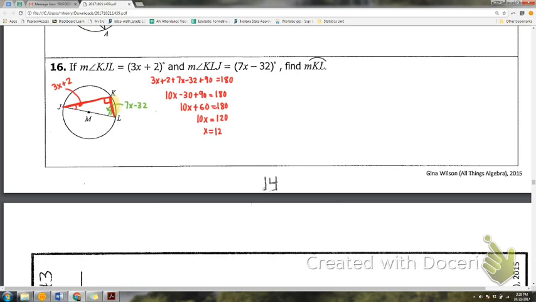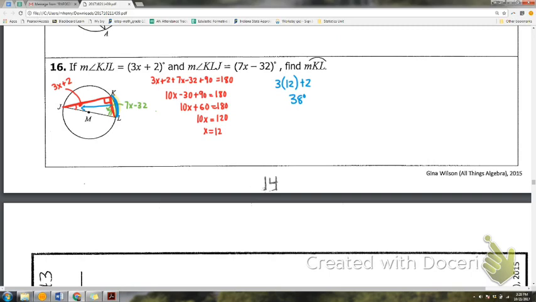So I'm getting x to be 12. But if I want the measure of arc KL, the measure of arc KL right here is going to be double whatever this angle is right here. So if I plug my x into that angle, 3 times 12 plus 2, 36 plus 2 is 38 degrees.